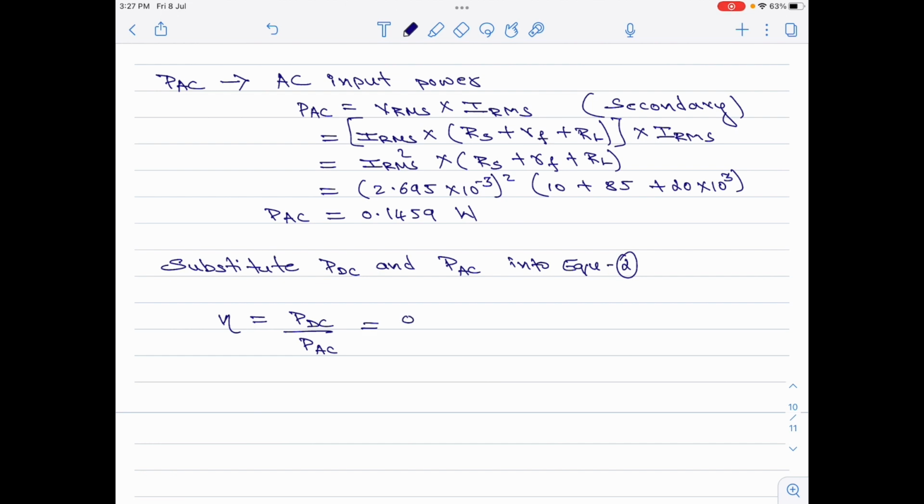PDC value is 0.0584, PAC value is 0.1459 and therefore it is equal to 0.4002. In terms of percentage, it is 40.02%. That is the solution for part 3 of the numerical.